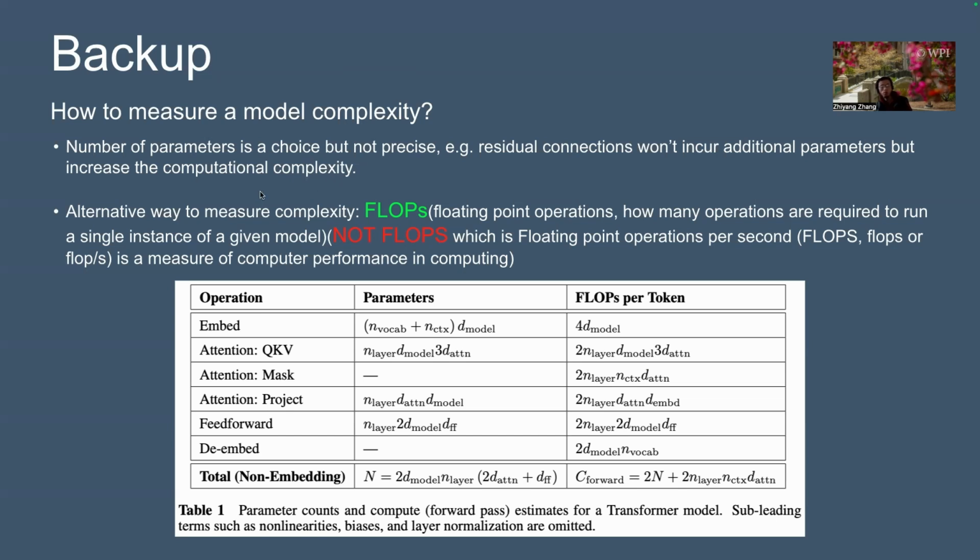An alternative way to measure model complexity is FLOPS. This unit measures how many operations are required to run a single instance of a given model. Here is the table showing how many operations per token in transformer architecture.